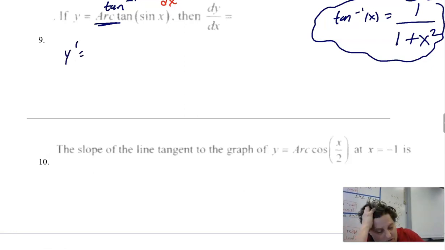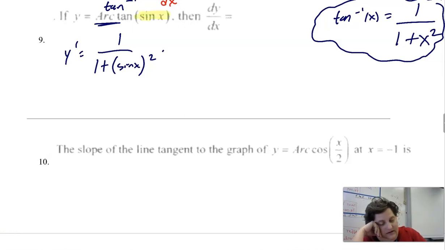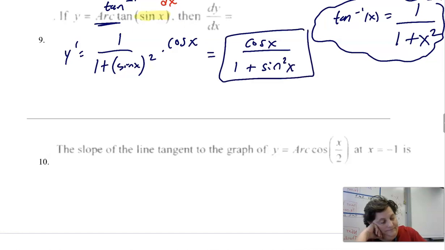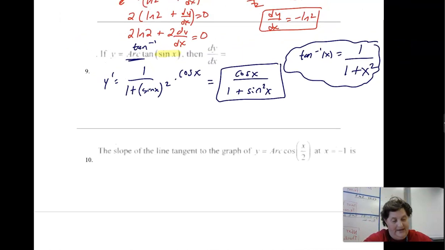Well, inverse tan is 1 over 1 plus something squared. And the something that I'm squaring here is sine x. And then the derivative of the inside, derivative of sine is cosine x. All right, so I can write this as cosine x over 1 plus sine squared x. And I would just leave that one like that.